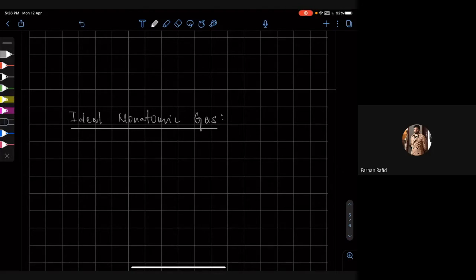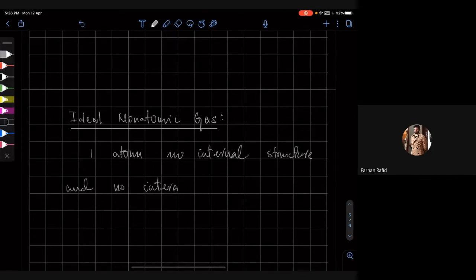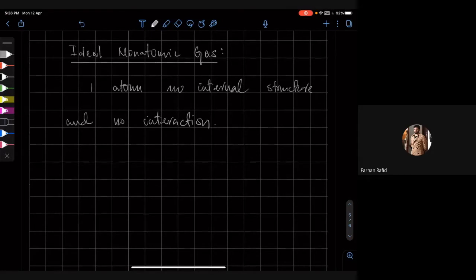It has only one atom, it has no internal structure, and no interaction. So all it does is that it has some kinetic energy associated to it, and that is the complete Hamiltonian.